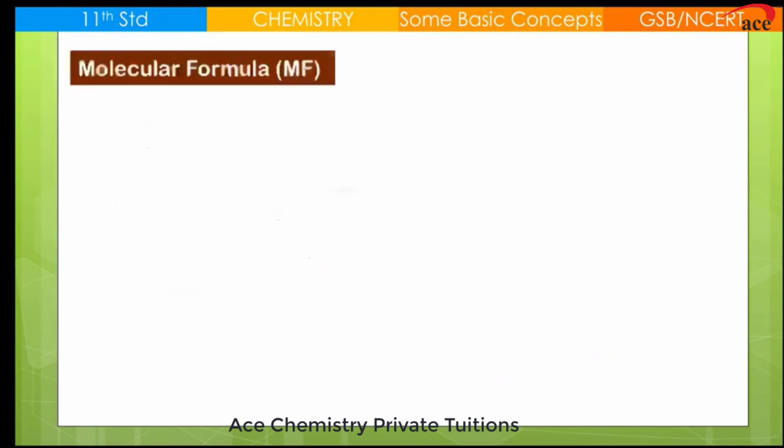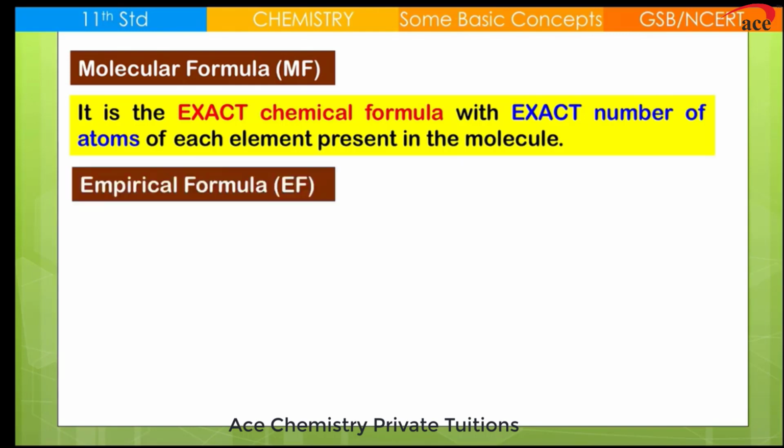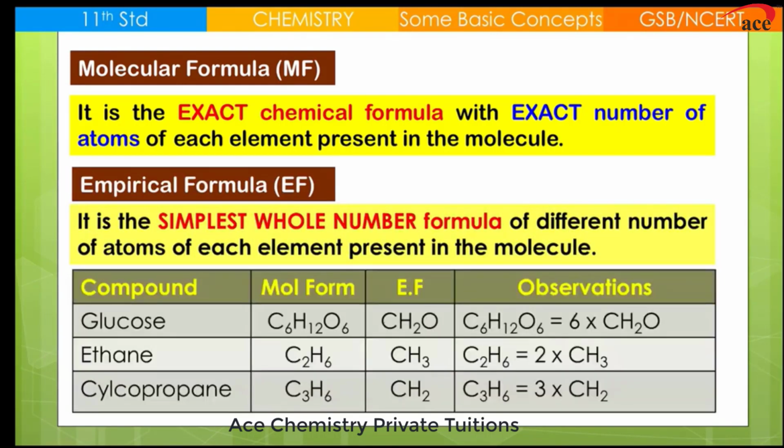Coming to the next one, molecular formula. It is an exact chemical formula with exact number of atoms of each element present in a molecule. Empirical formula is the simplest whole number formula. So if you see glucose, molecular formula C6H12O6, ethane C2H6, cyclopropane C3H6.